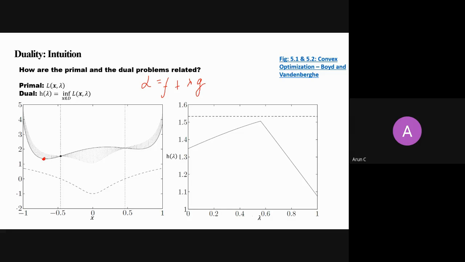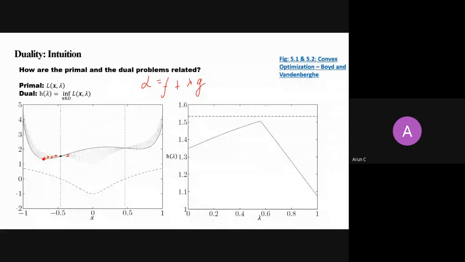Then you put your lambda equal to 0.01, 0.02, 0.03, 0.04, and for every value of lambda, you are minimizing your Lagrangian over x. So it will be like this. These dots will come somewhere here, here, right? Then it will come here, here, and it will finally reach this point.